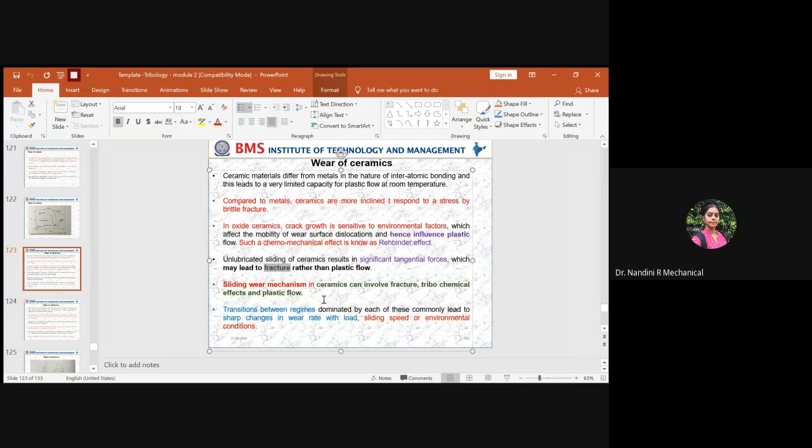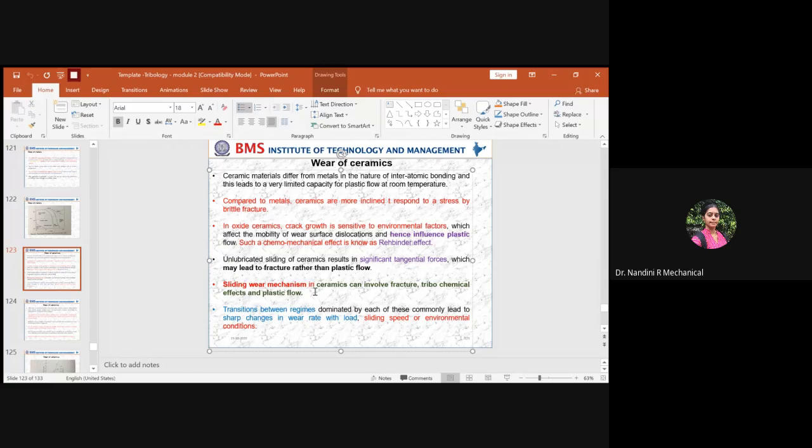And one more concept you have to understand is that the sliding wear mechanism in ceramics can mainly involve fracture. That is the first thing that usually happens. Next are tribochemical effects and plastic flow.